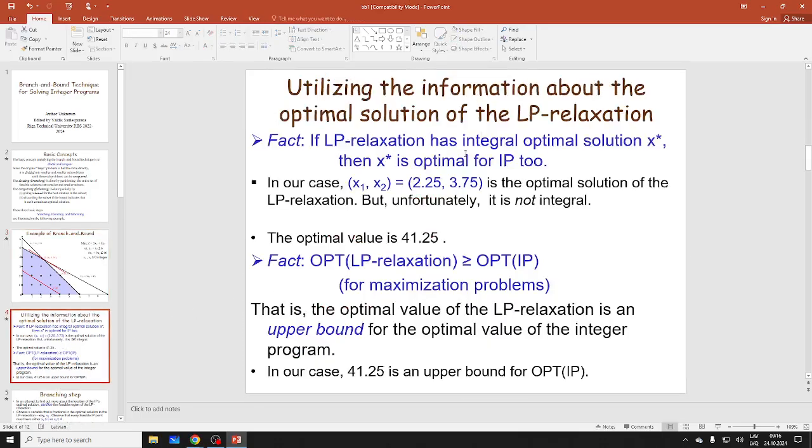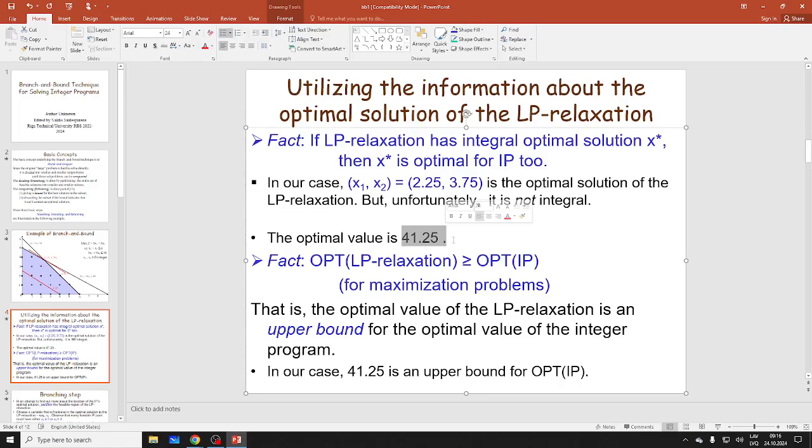I mentioned this already. Basically, you can relax it. Relaxation means actually relaxing some constraint, and here we are relaxing the fact that it's integer. So that's the optimum, basically the best we can do: 41.25.